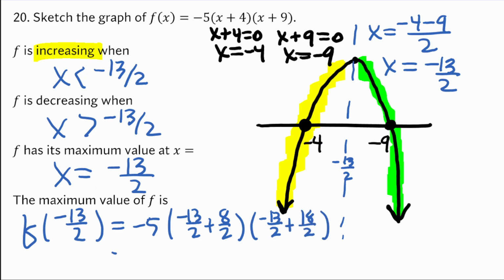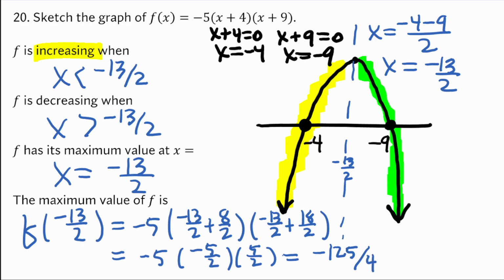So I've got -5 times -5/2 times 5/2, and 5 times 5 is 25. 5 cubed is 125. And so this is going to be -125 divided by 4. Okay, and that was some challenging arithmetic, but I think that was right at your level. Okay, that was number 20.